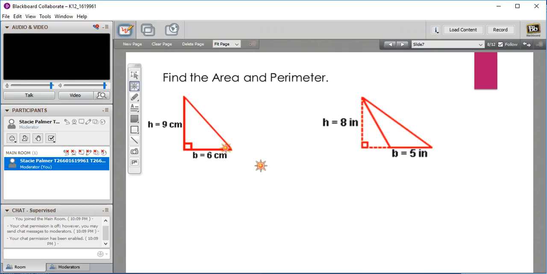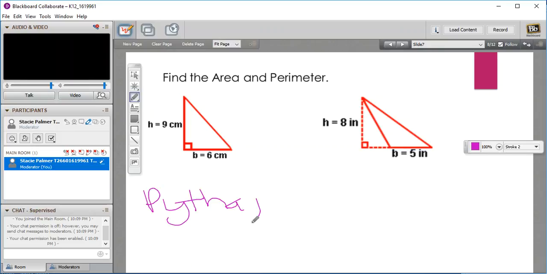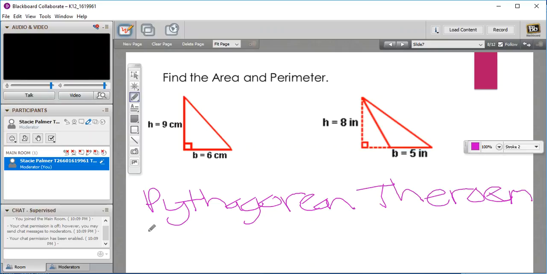So if you guys can think back to the beginning of last week, we learned about something called the Pythagorean theorem. Okay, and this theorem helped us to find side lengths of right triangles when we knew 2 of the side lengths.